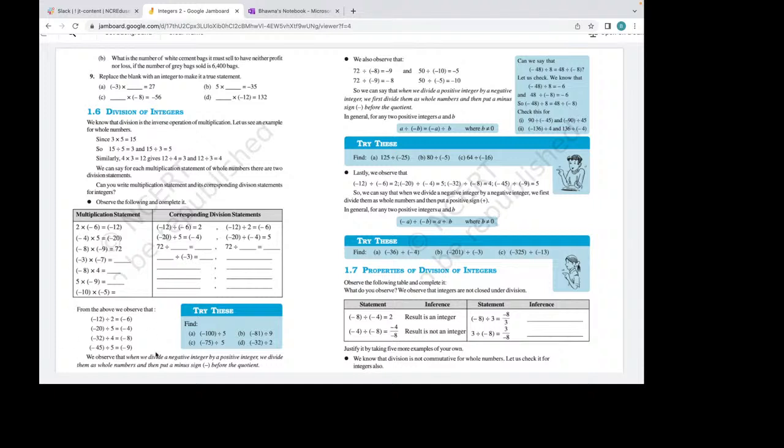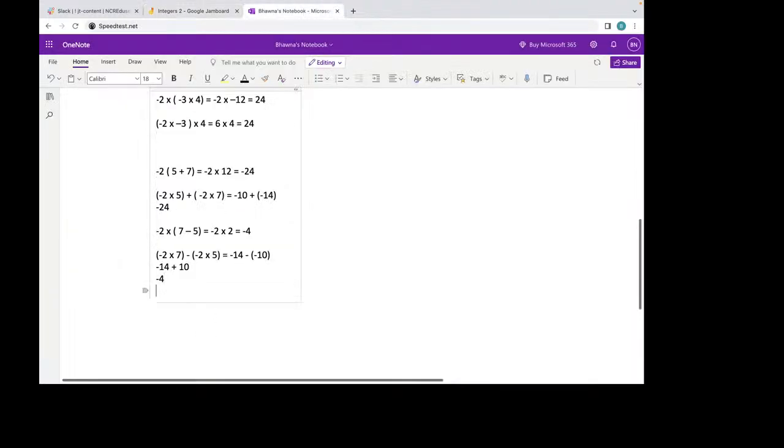First, if we divide a negative integer by a positive integer. Let's say we have minus 10, and we need to divide this by a positive integer, let's say 2.